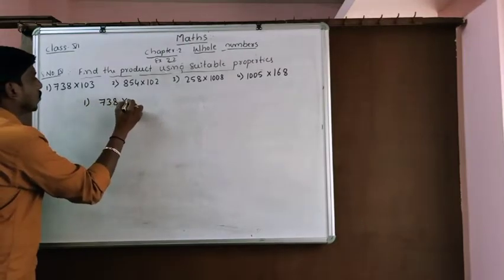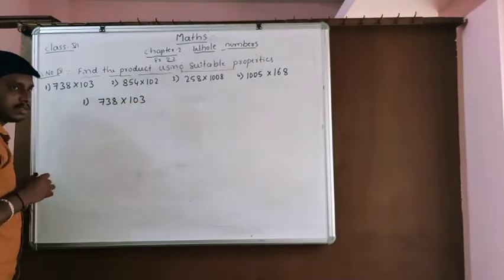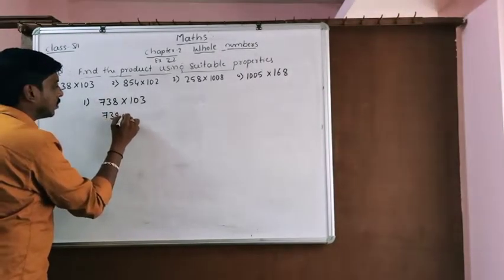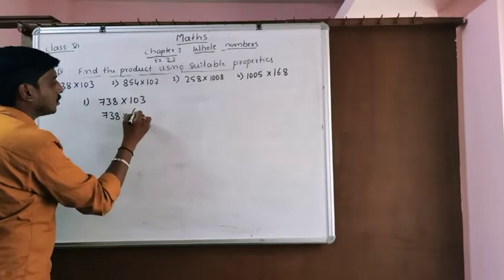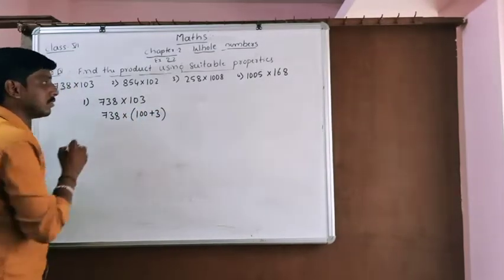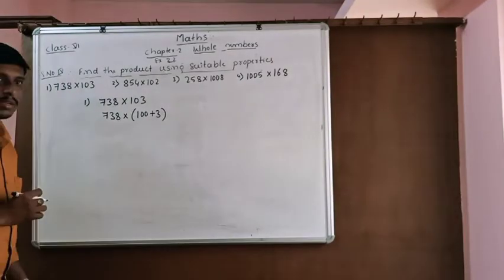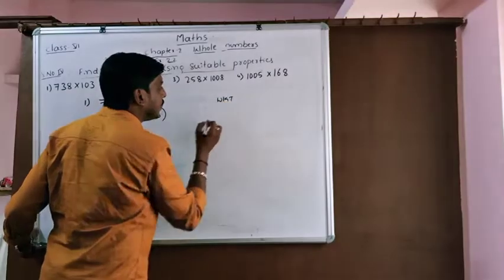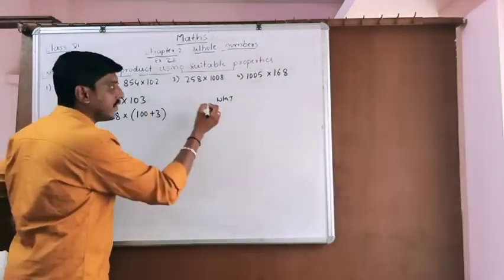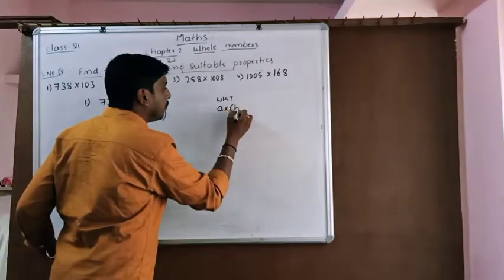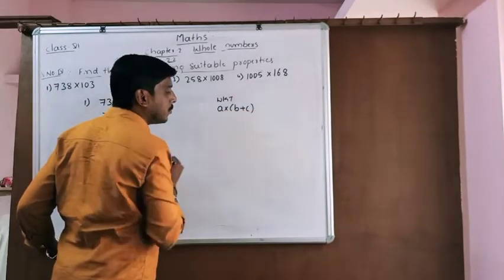738 into 103. So split the numbers. 103, how to split? 100 plus 3. Now it becomes which property? We know that, WKT means simply short form, we know that A into bracket of B plus C, which property is it?